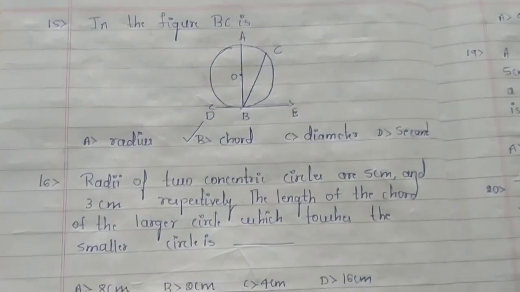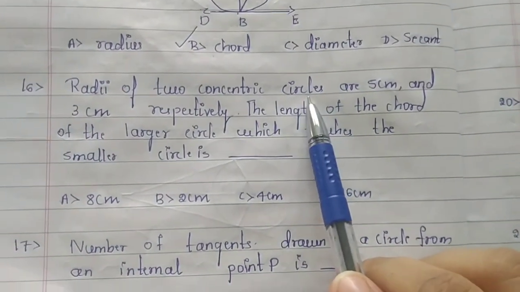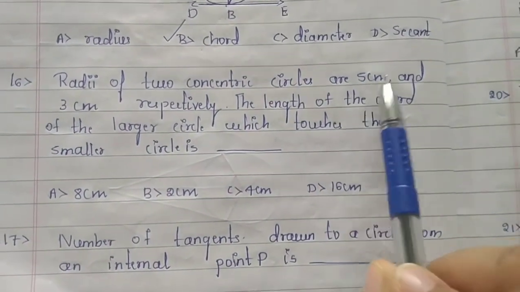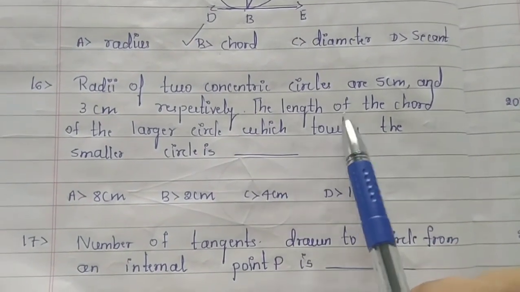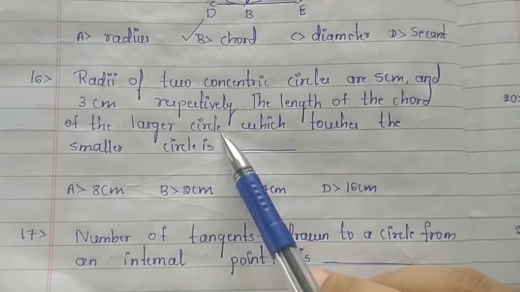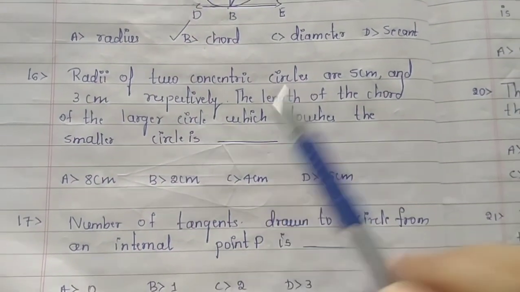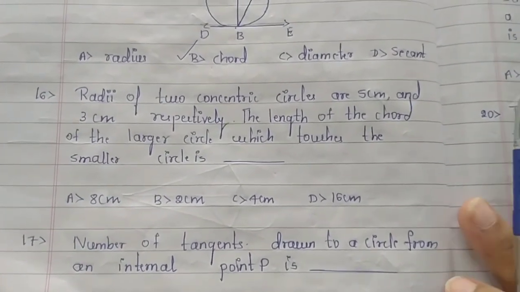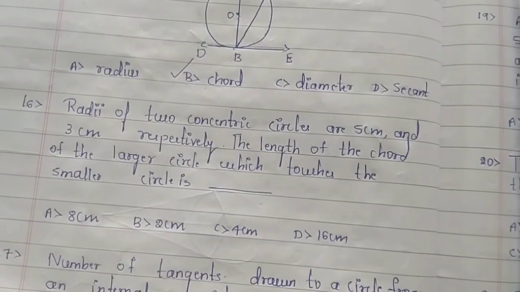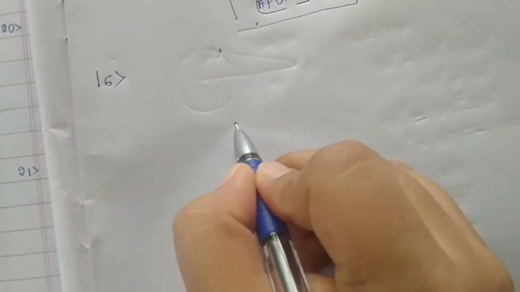Okay, so now the next question is, radii of two concentric circles are 5 cm and 3 cm respectively. The length of the chord of the larger circle which touches the smaller circle is dash. Okay, so now what you have to do, you have to draw the two concentric circles. Concentric circles in the sense it is having the same center, two circles having the same center.